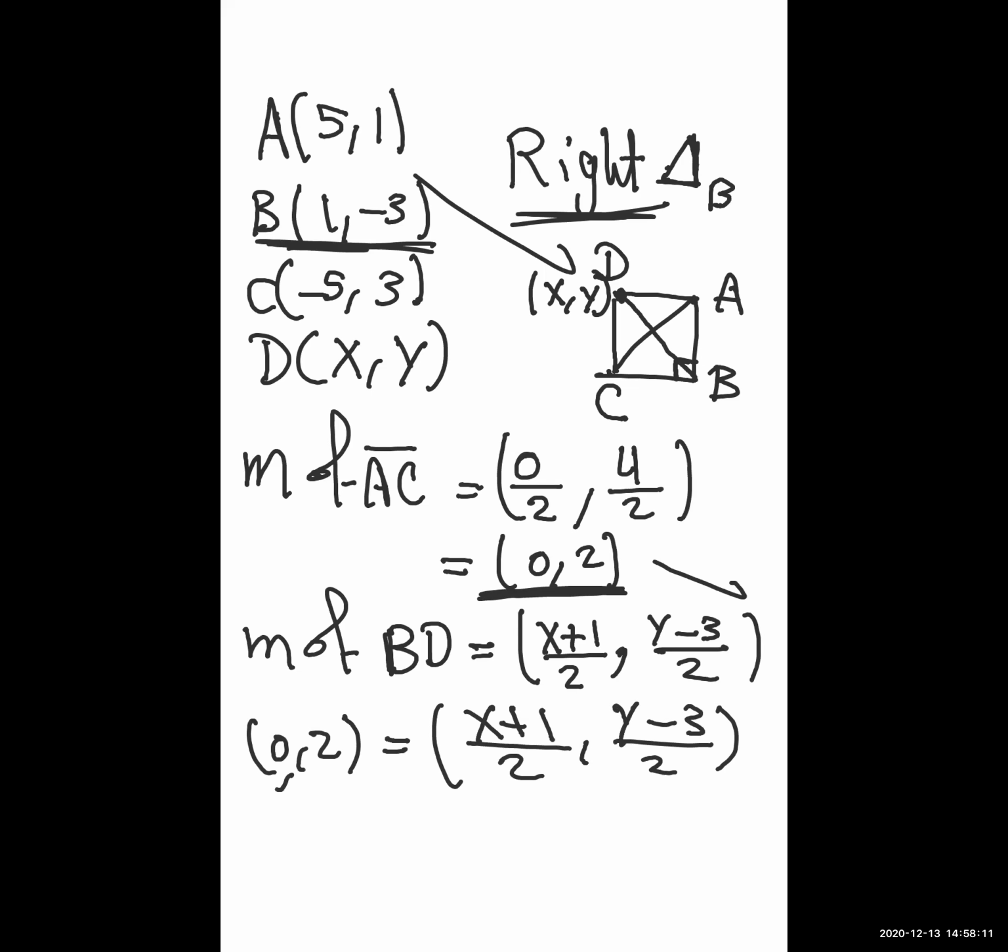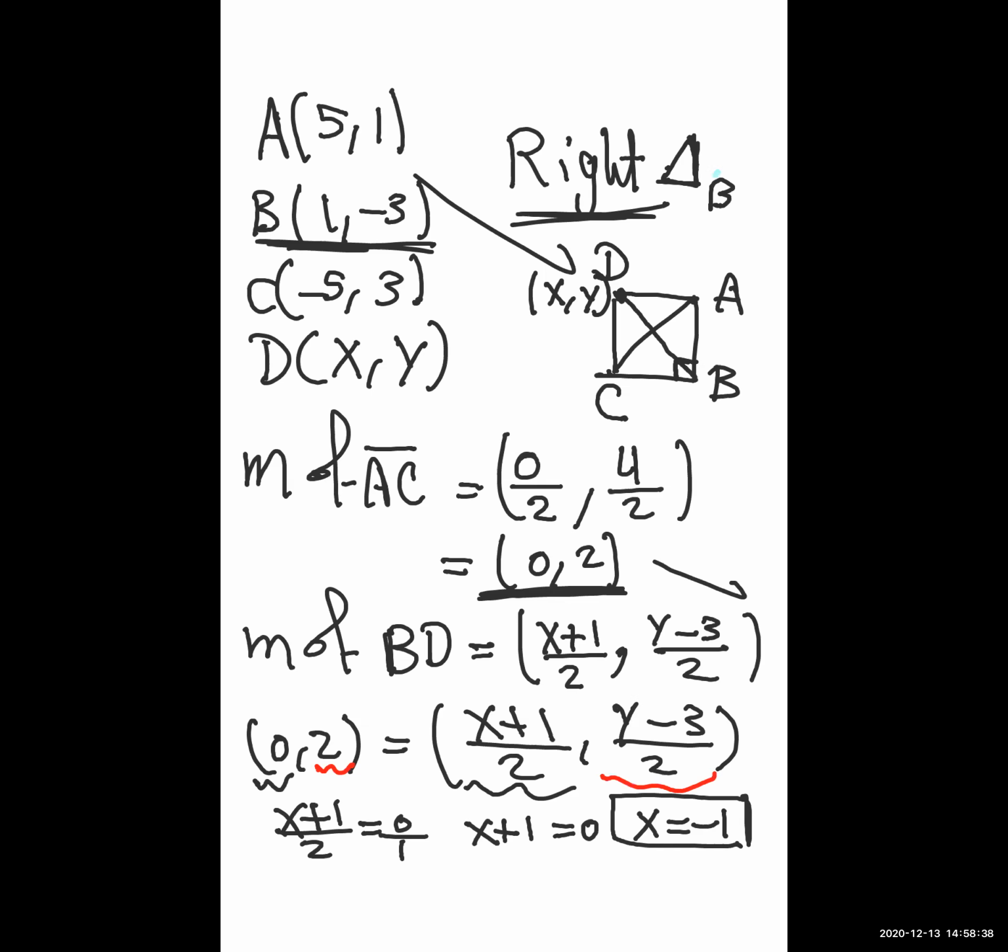So first will equal first. X plus 1 over 2 will equal 0. Cross multiplication, guys. So X plus 1 will equal 0, so X will equal negative 1. Then the next term, which is 2, will equal Y minus 3 over 2.